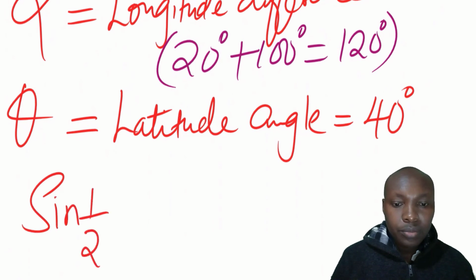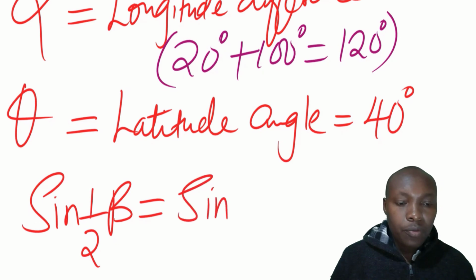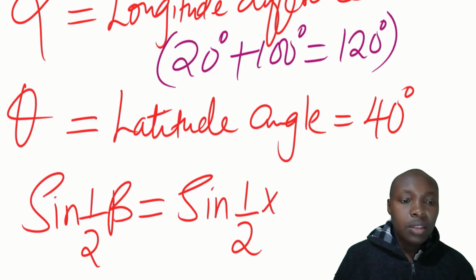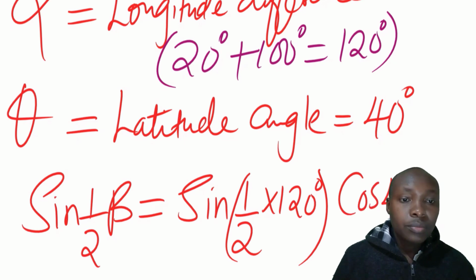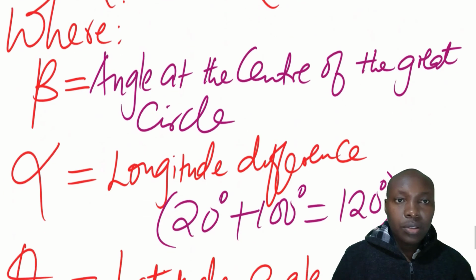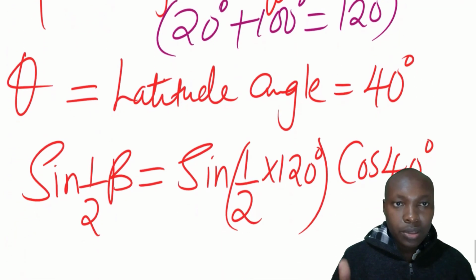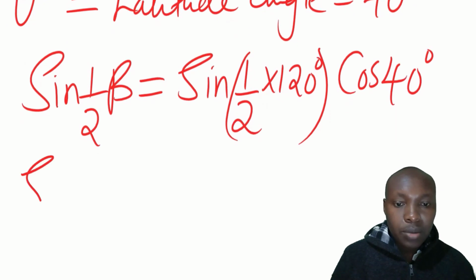I have sine of half beta is equal to sine of half multiplied by the longitude difference, then multiplied by the cosine of the latitude. When we get that angle beta at the center, we shall use the formula for getting the distance along the great circle that we've just used in the previous part.